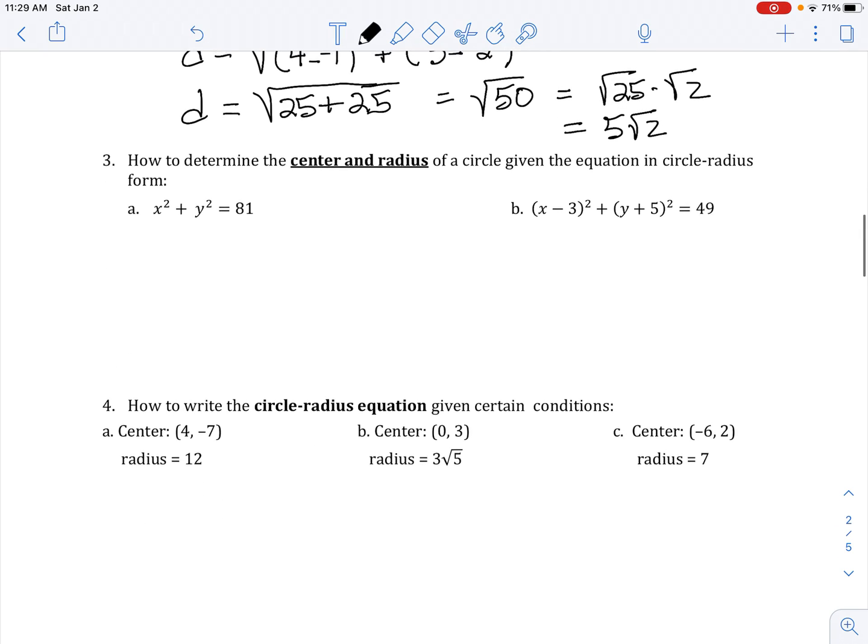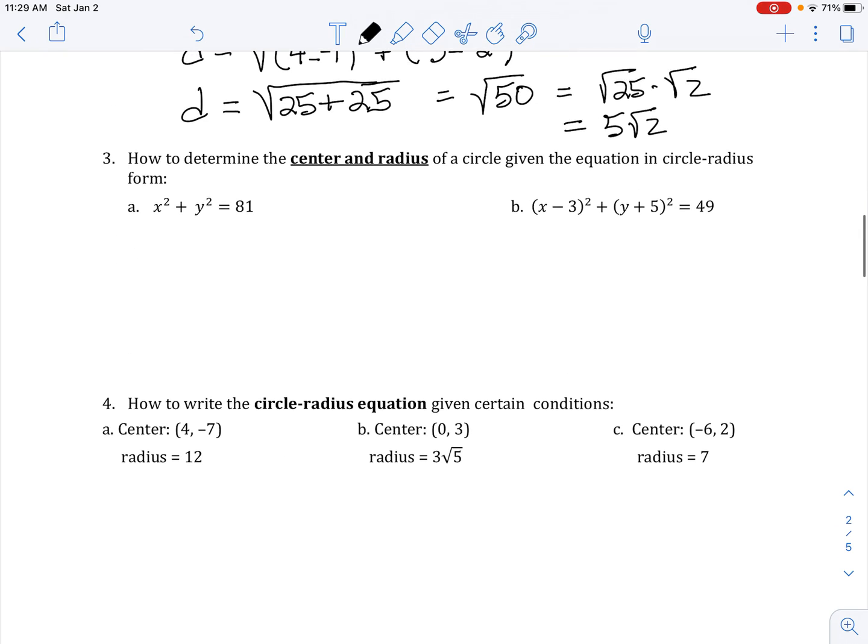All right, how do we determine the center and radius of a circle given the equation in center radius form or in standard form? All right, in this first form, we see x squared plus y squared equals 81. That would indicate that the circle center is at the origin, representing 0, 0 for h, k.